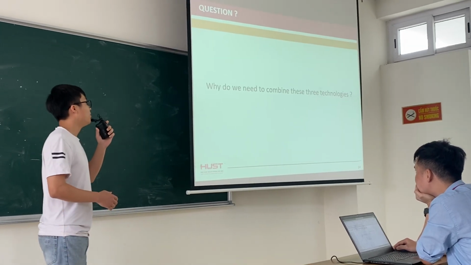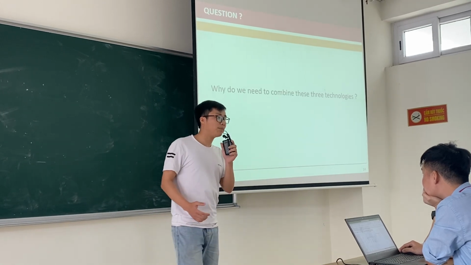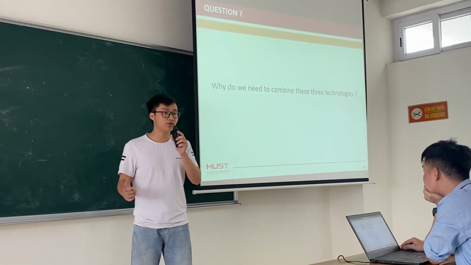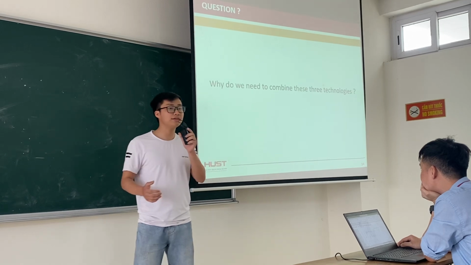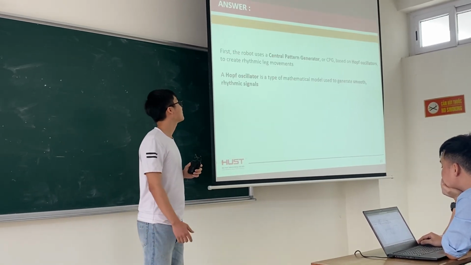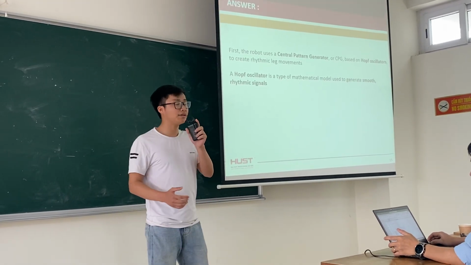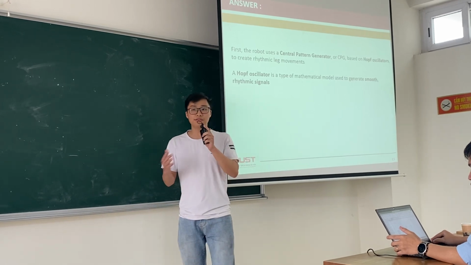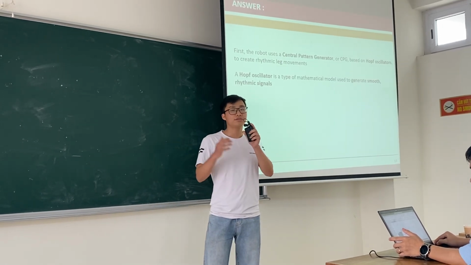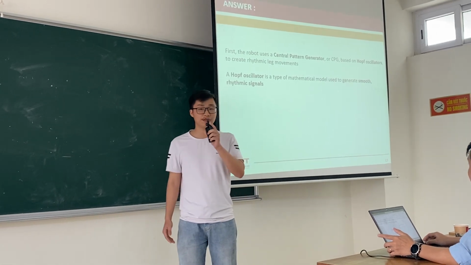And why do we need to combine these three technologies? They include BO, CPG, and edge computing to improve the speed and gait of the soft quadruped robot. First, the robot uses a CPG based on a Hopf oscillator to generate rhythmic leg movements.